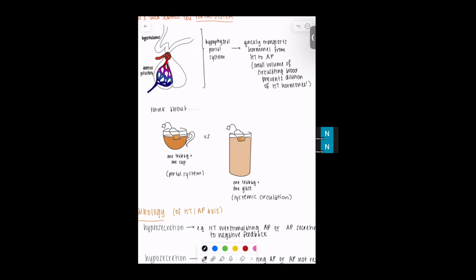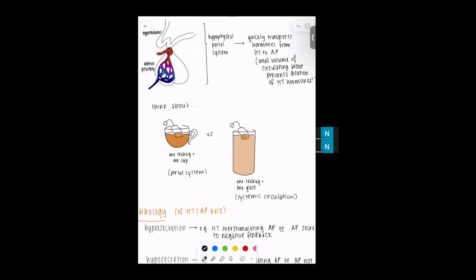So if I have one tea bag in one cup, which holds only a small volume, as I've drawn here, you'll have a very, I guess, dark cup of tea. It'll be very saturated with the flavor from the tea leaves. But if you have one tea bag and you're instead putting it in a large glass with a lot more water than in the cup, what's going to happen is you will have a very dilute cup of tea, right?